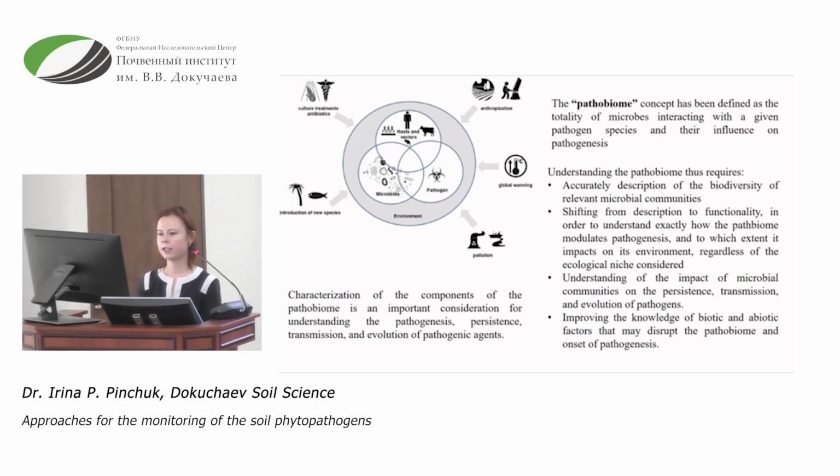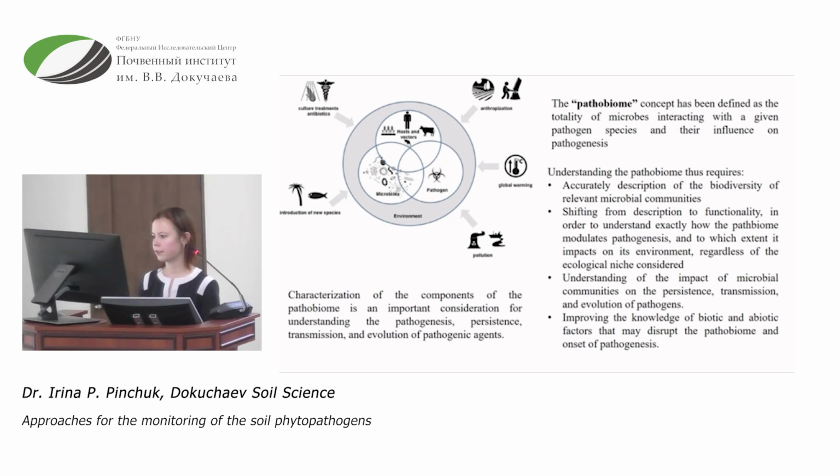And to understand this pathobiome, we should set these goals: an accurate description of the biodiversity of these microbial communities. We should shift from description to functionality, to understand how it works, how the pathobiome modulates pathogenesis, and how it impacts the environment.